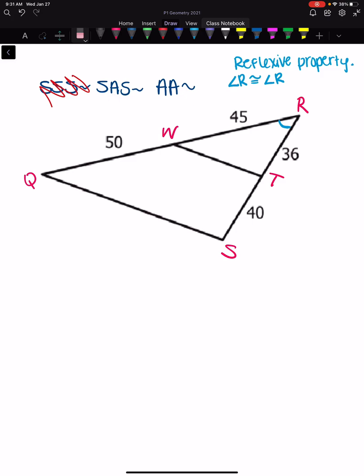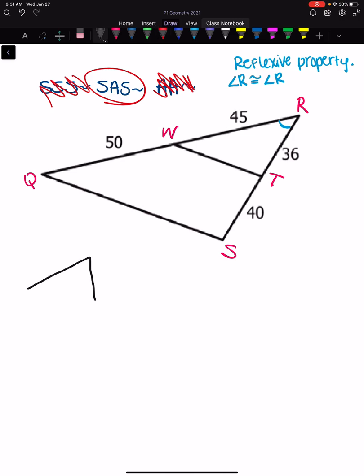I don't have a second pair of angles that I can mark explicitly congruent here, right? So we know that we can throw out angle-angle similarity because we don't have that second congruent angle that we know of. Right? So side, angle, side is going to be our best bet for this example.